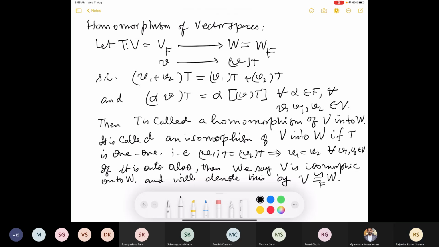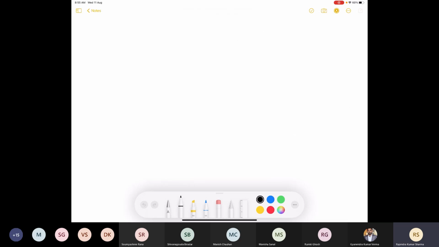Now, as it always happens, there are various equivalent conditions, and using this, we also have the concept of what is called the kernel.